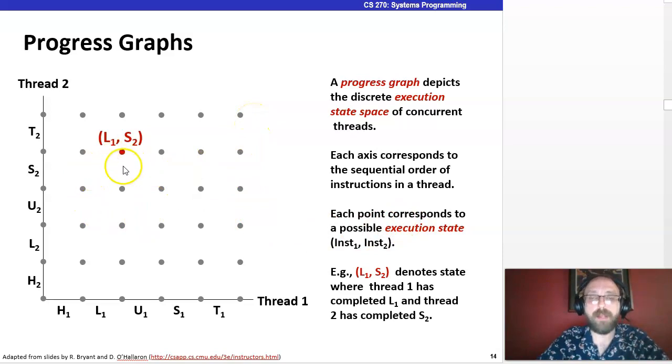So a point in this graph is an execution state. That is what thread 1 is doing right now and what thread 2 is doing right now, depending on its x-axis and its y-axis value. So this point shows a state where thread 1 has just finished the L1, so the load, and thread 2 has just finished S2, its store.